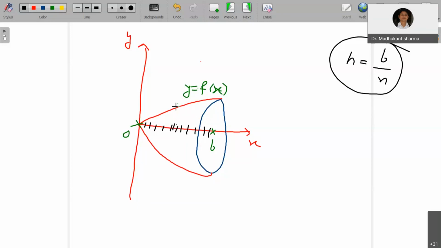It means you are cutting a slice. My drawing is not that good, but try to understand, you are cutting a slice.